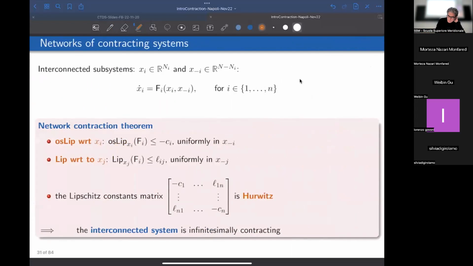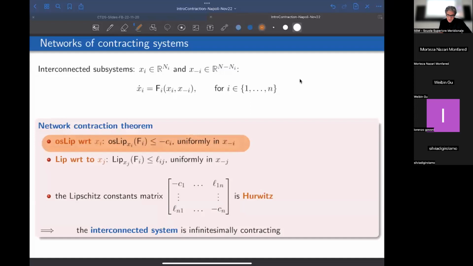Now, what are natural assumptions to make in this case? Well, assumption number one is that each individual subsystem on its own is contracting, right? So I write it like this.